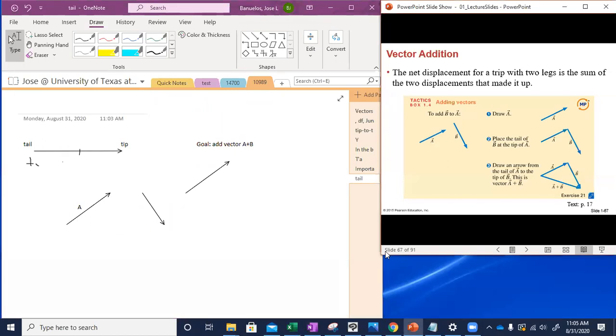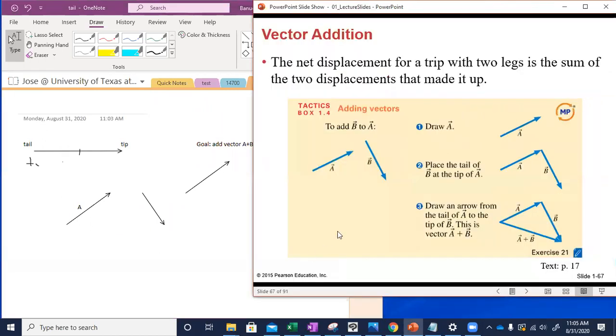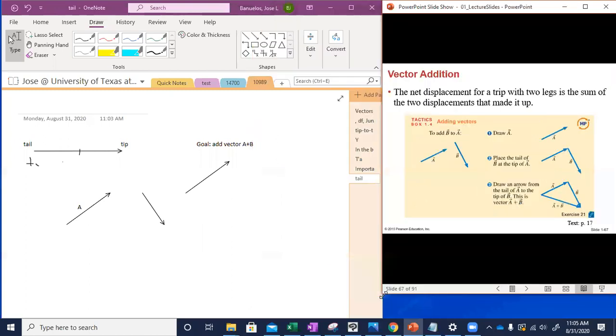I'll be doing that in class as well, except today because things aren't cooperating. That little arrow on top of the letter means you're dealing with a vector quantity. It's going to be important later on when we start dealing with vectors in 2 dimensions, so that you don't do the wrong kinds of operations.